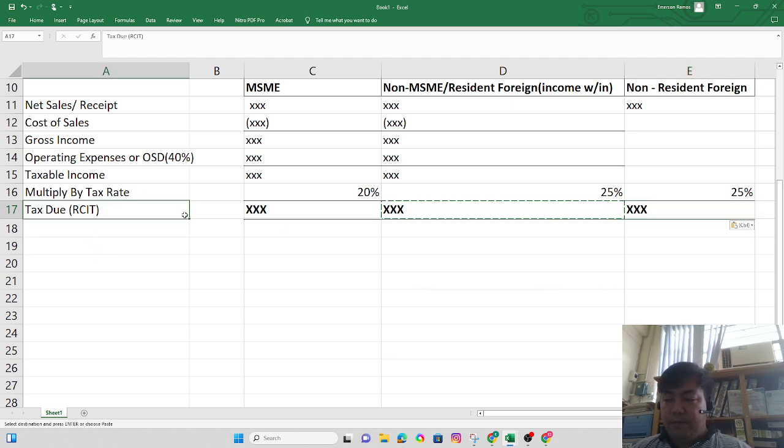So what if our corporation does not have a taxable income, or it resulted to a loss due to deductions or expenses, or in rare cases the corporation is at break even, meaning there's no taxable income, as in zero.